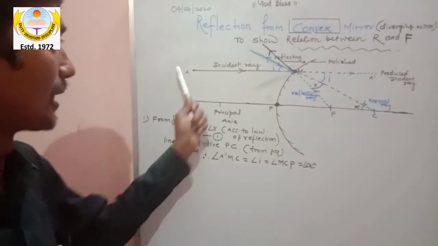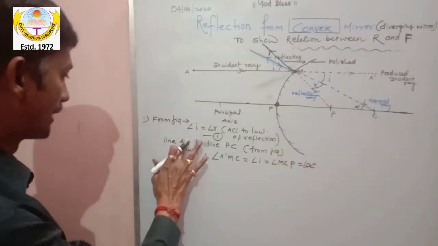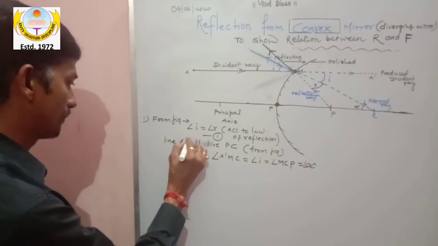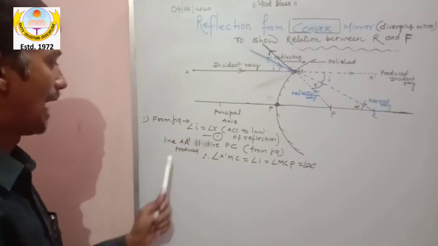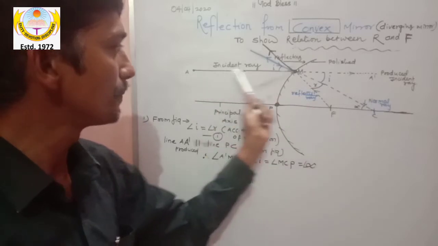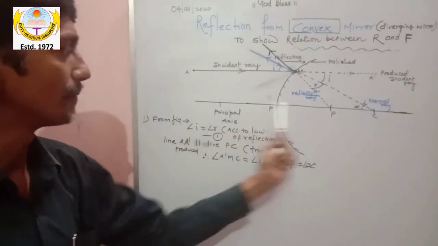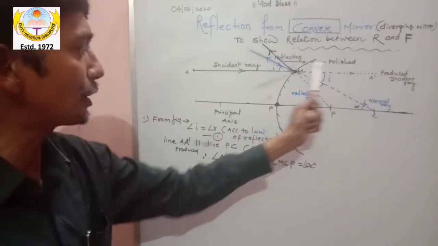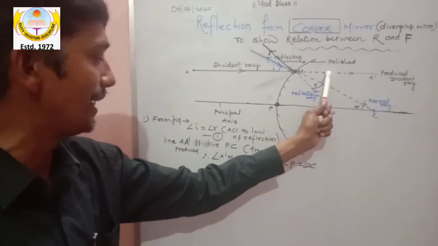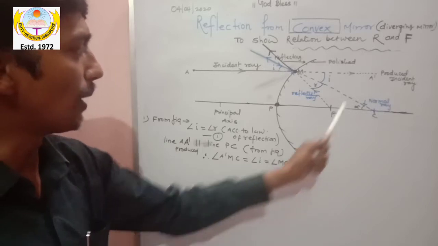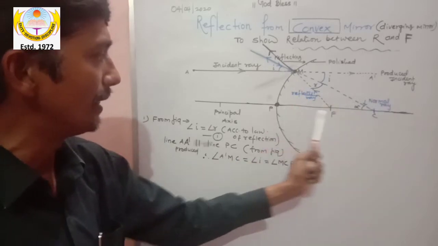Right? Why? Because line AM, or you can say line AA dash, is parallel to line PC. You can see. So angle A dash MC, that is I, is equal to MCP, that is alpha.